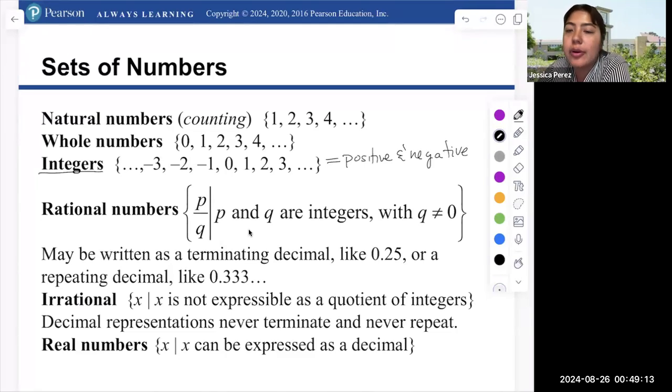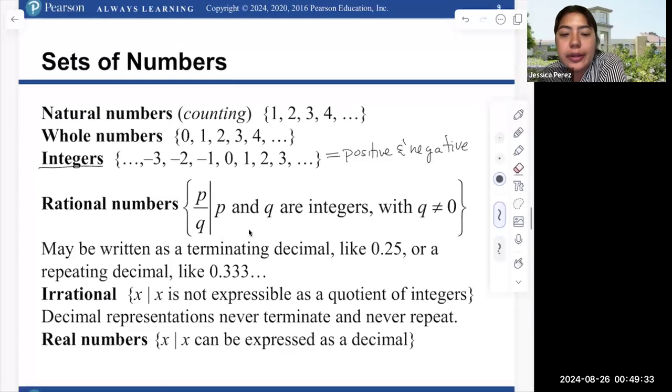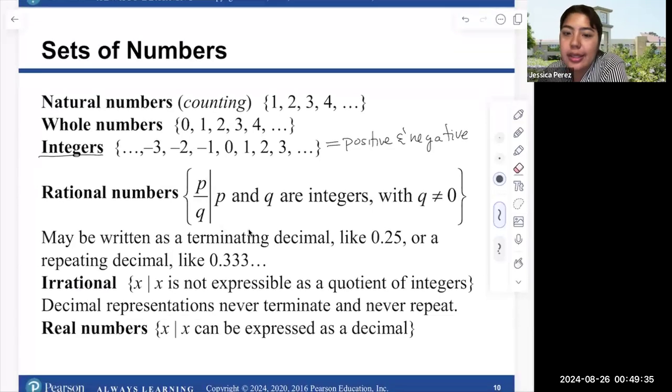Rational numbers are fractions where the denominator, of course, is not equal to 0. Irrationals you cannot write as a fraction, like the square root of 2 or the square root of 3. And real numbers are exactly anything: a decimal, a fraction, a whole number, anything.